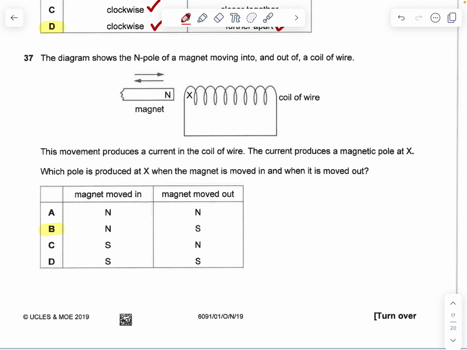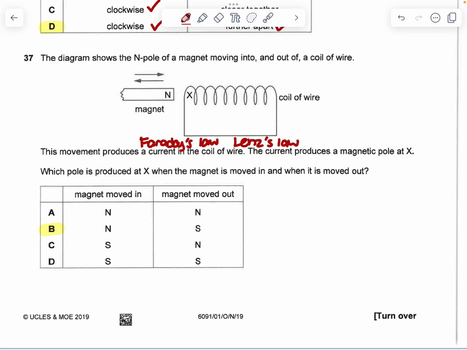Question 37. The diagram shows the north pole of a magnet going in and out of a coil of wire. This motion creates a current in the coil of wire. So why does this happen? Due to Faraday's law as well as Lenz's law.